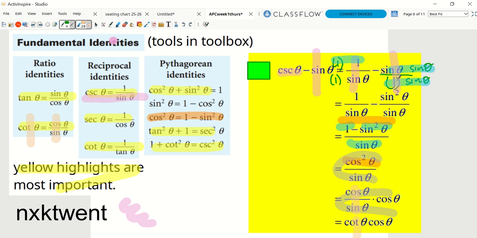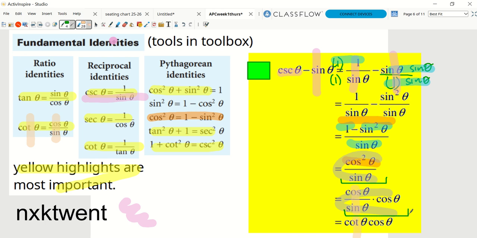All right. What's 1 times 1, folks? 1. What's sine times sine? And then now I can combine this fraction into this. What's 1 minus sine squared on top? Cosine squared. Now, do you see how this becomes that?